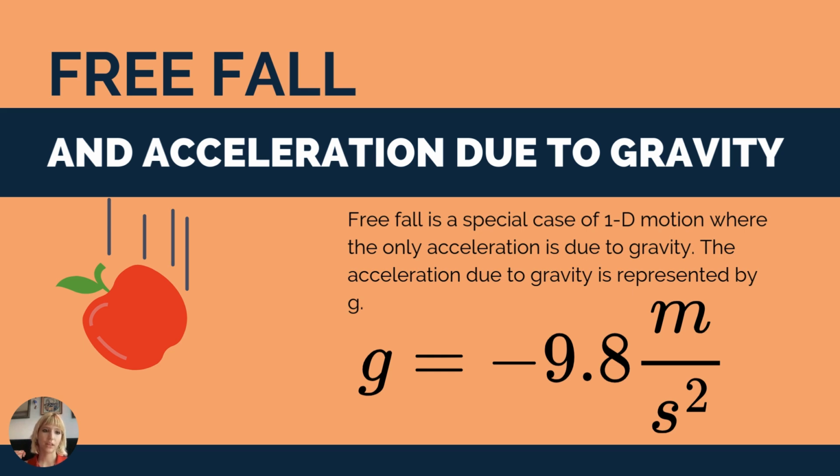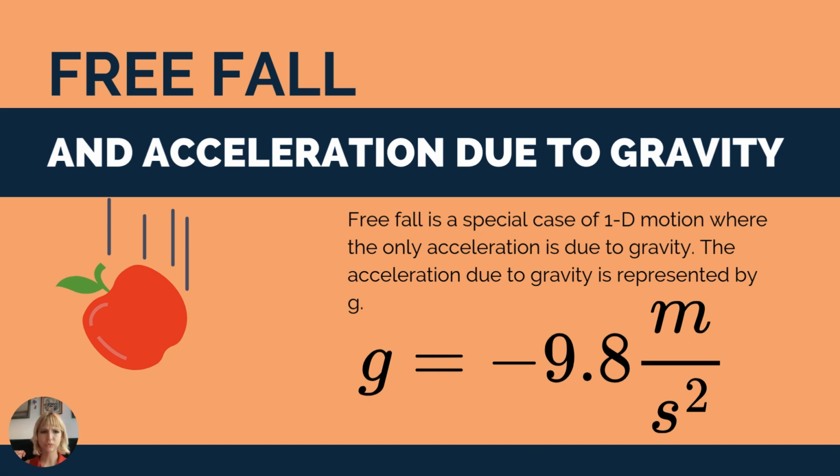So in practice, in the real world, there are things like drag and friction and air resistance, and all of these things are going to affect the way different items fall. But if you are in a vacuum, those things don't matter.